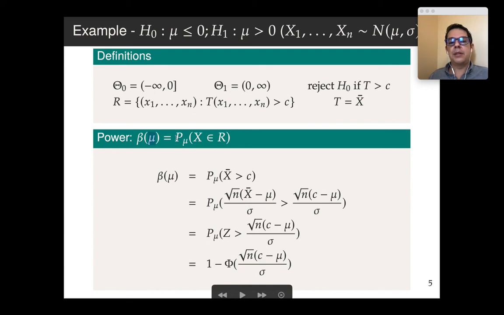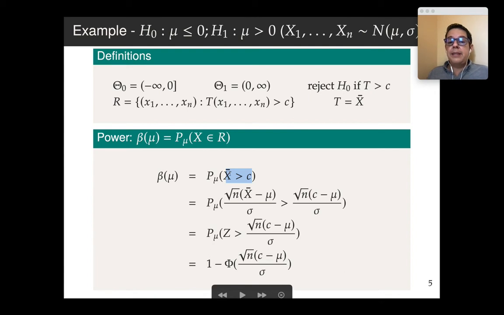The definition tells us that it is the probability that x belongs to the rejection region R. We know the definition of the rejection region R, which is this one, and we can see that the statistic is defined as the estimated mean, so we only make a substitution there, and we say that the probability that the estimated mean, x bar, is greater than c. That is what we are looking for.